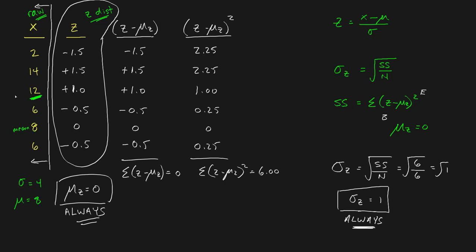So this is 1 standard deviation above the mean. Have a look at what the z-score is. The z-score is a 1. That 1 tells me how many standard deviations I am above the mean. So this checks out. A score that is 1 standard deviation above the mean gets a z-score of 1. So keep in mind, when you're dealing with an entire distribution of z-scores, the standard deviation is 1, as well as the mean always being equal to 0.